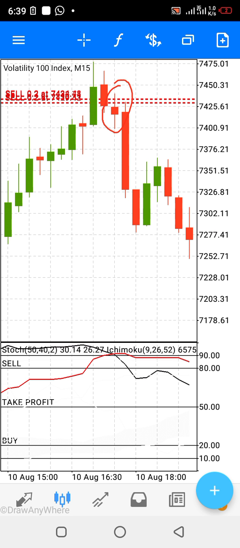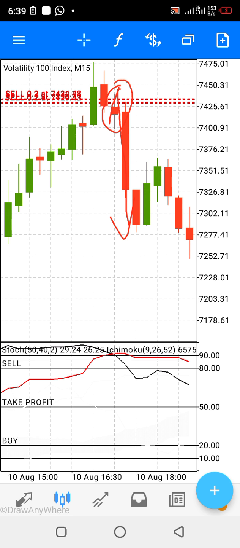Immediately I entered my trade, this candle was in green, so it took me to a loss. And then it came down. That is why I wait.